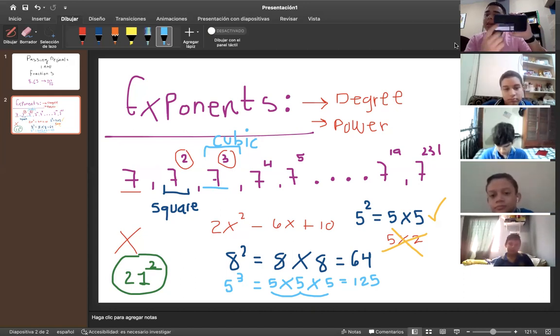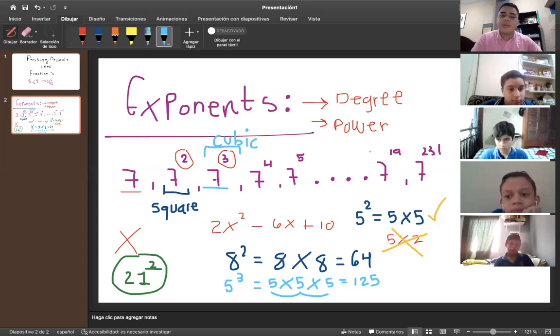You are going to be using exponents, because you're going to measure the height and the base, and multiply both, and you're going to get meters times meters, meters squared. So this is just an example of how we use exponents in real life. Don't worry about it.